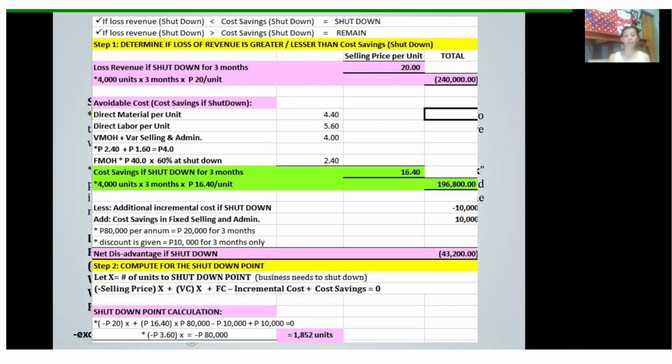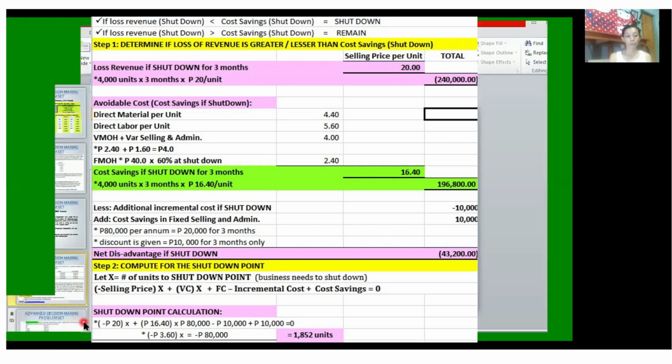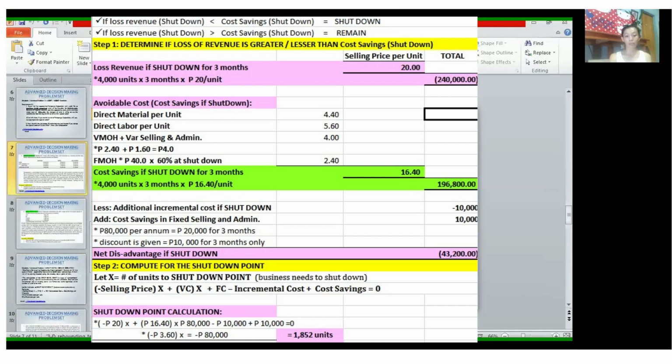At this point, the company needs to shut down, because it will be very disadvantageous if it remains operating at this manufacturing level of units. So once again, what you will do is the same.